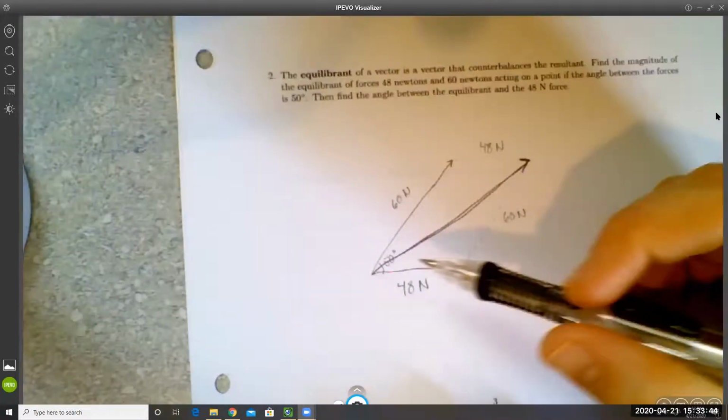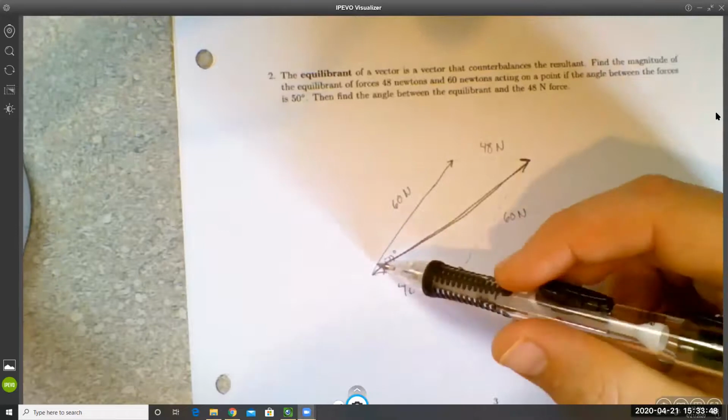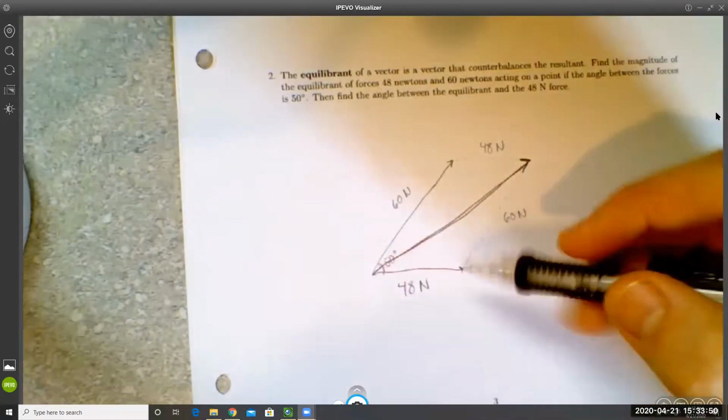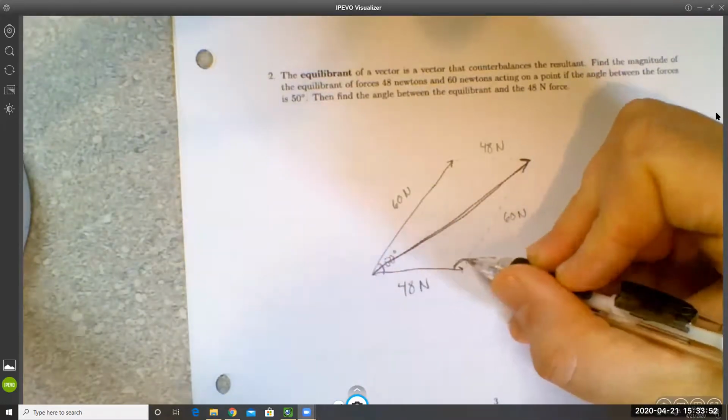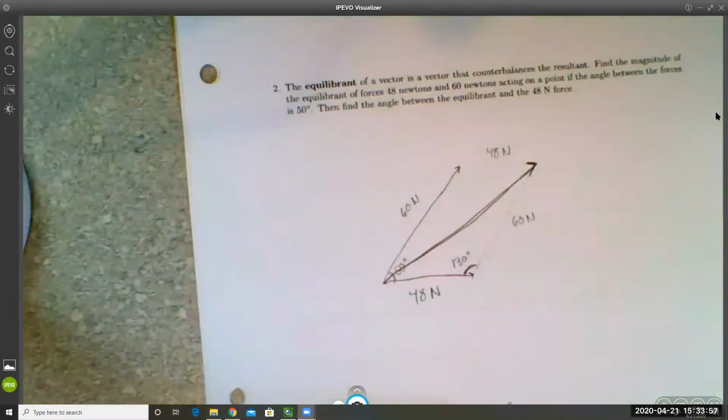And I know that these angles right here are supplementary. So if this angle is 50 degrees, then this angle right here should be, well, 130 degrees, right? 180 degrees minus 50 degrees would be 130 degrees.